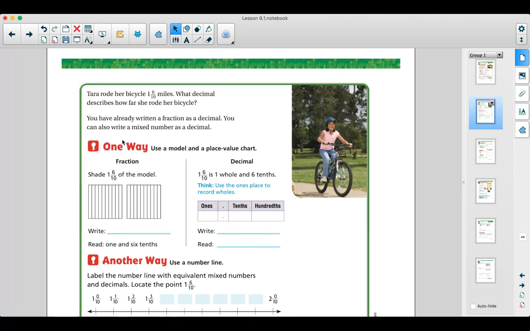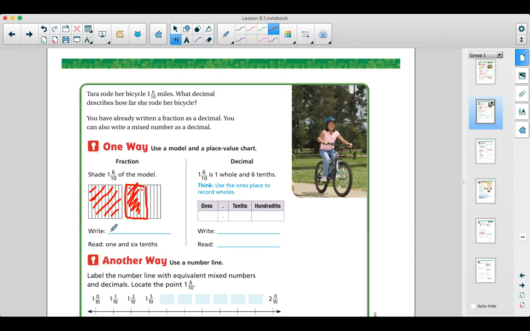So we're going to shade in one whole, which is this entire thing, because this is one whole. This is 10/10, and 6/10. 1, 2, 3, 4, 5, 6. So we're going to shade in 6/10.